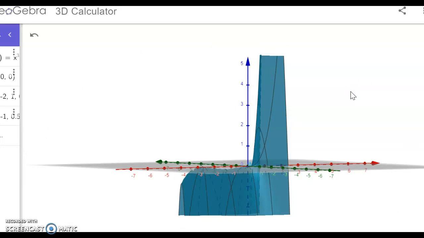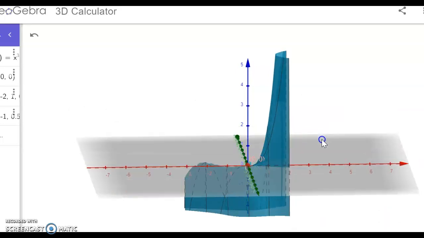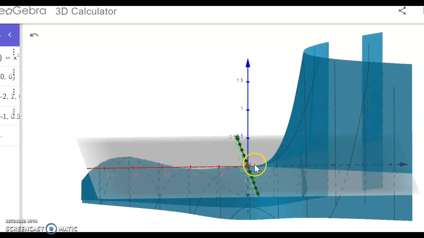So the points that we found just now are 0, 0, then negative 1, 1/2, and negative 2, 1. So we have 0, 0 here. You can see it stays there. If you zoom in, you're going to see that actually it is on the flat area, or slope equal to 0.